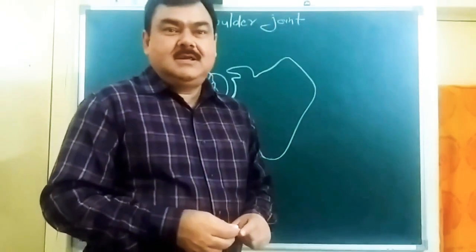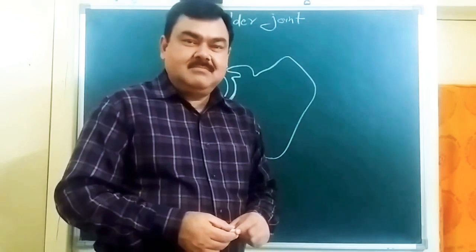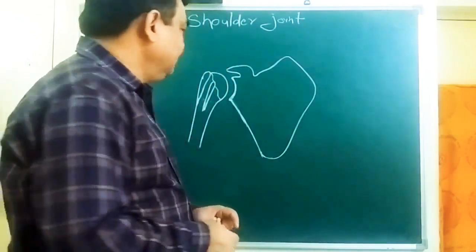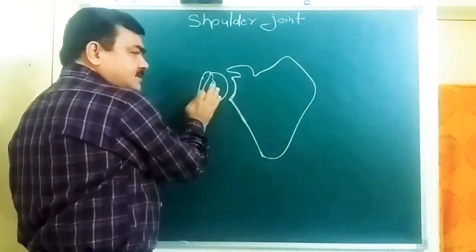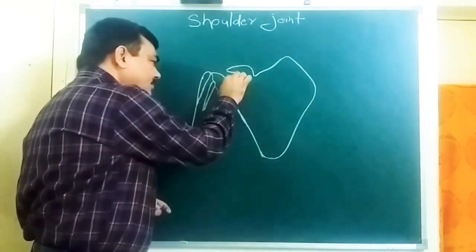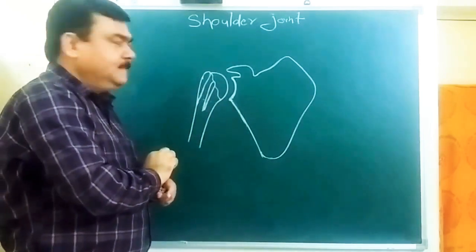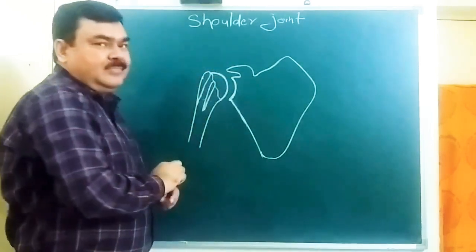Shoulder joint is a synovial joint and its variety is ball and socket. Articular surfaces: in this diagram you can see this is scapula, this is humerus. The articular surfaces are, medially, the glenoid cavity of the scapula, and here is the head of the humerus.